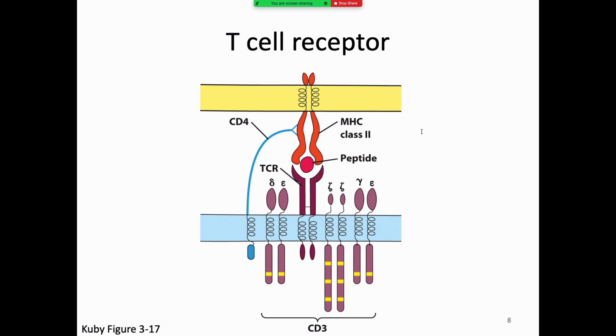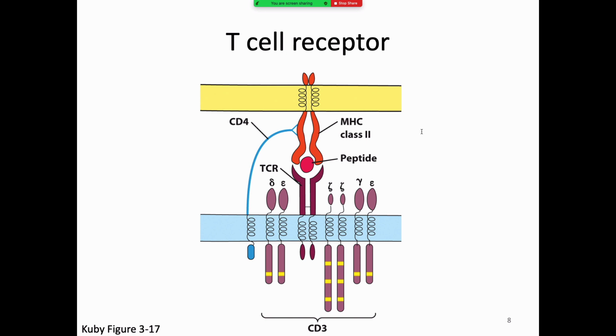And I told you previously that the T cell receptor has relatively low affinity for MHC plus peptide. And I said that CD4 in this case with MHC class 2, or CD8 in the case with MHC class 1, help to stabilize that interaction.